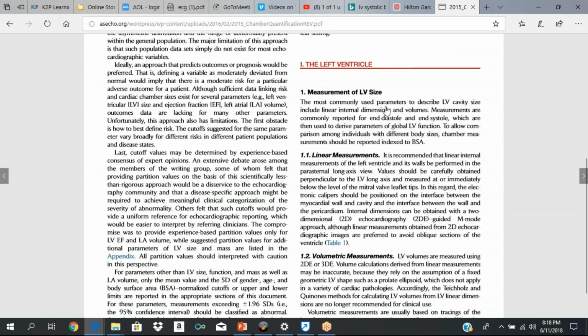The most commonly used parameters to describe LV cavity size include linear internal dimensions and volumes. If you remember, when we did our parasternal long axis view, in diastole we measure the septal thickness, LV cavity size in diastole, and the posterior wall. These are very important measurements, and you need to know how to measure them properly.